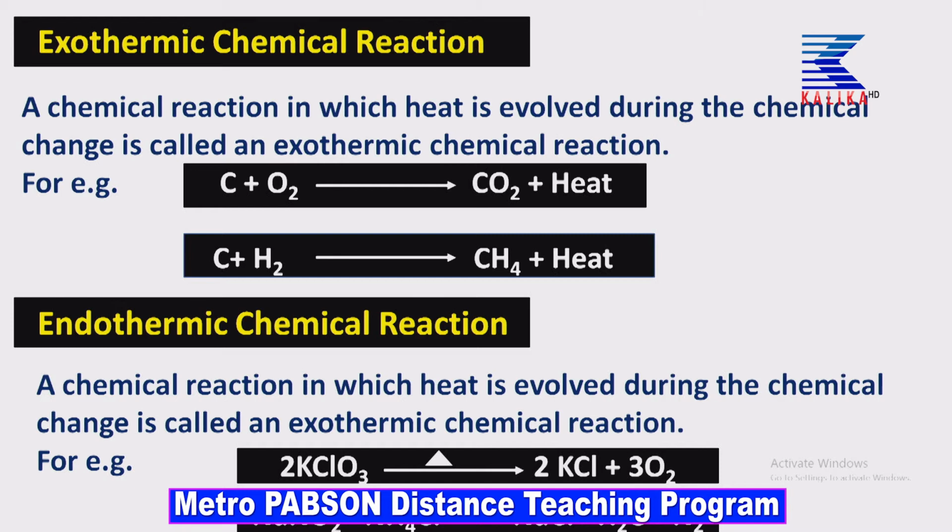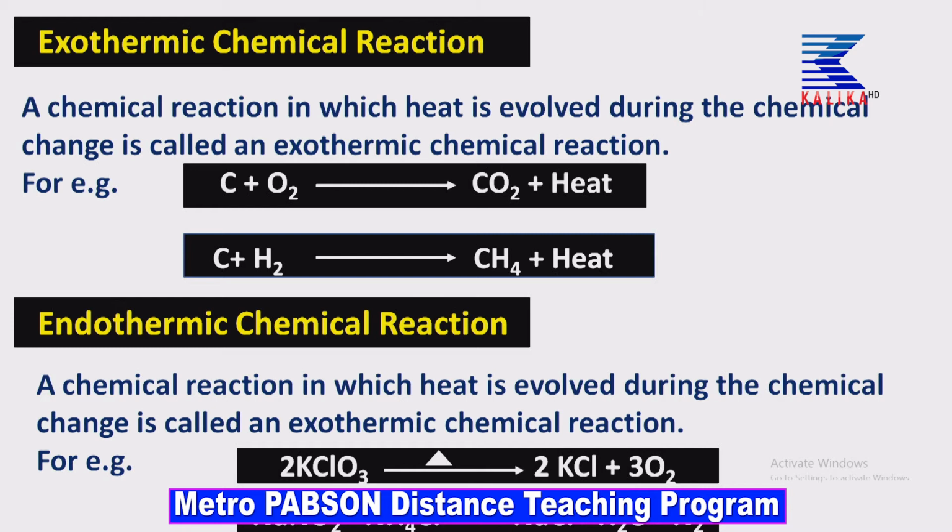Look at the first reaction on the screen. Carbon plus oxygen, when reacted together, forms carbon dioxide gas when the supply of oxygen is sufficient. In this process, heat is evolved automatically, meaning this reaction releases heat. So, it is exothermic in nature.